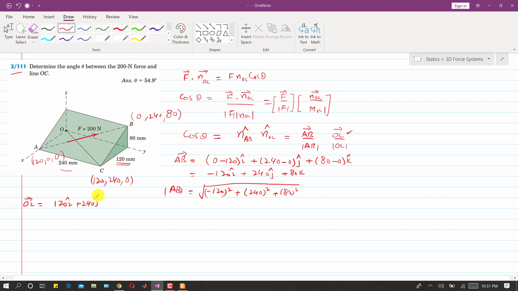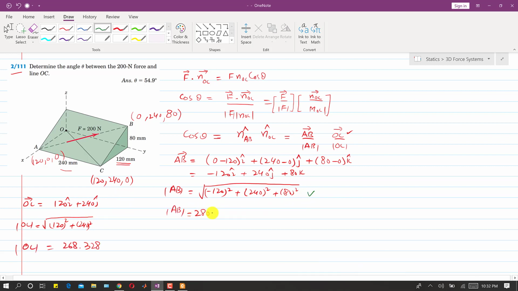The OC magnitude is the square root of 120 squared plus 240 squared. Let me solve these two magnitudes.